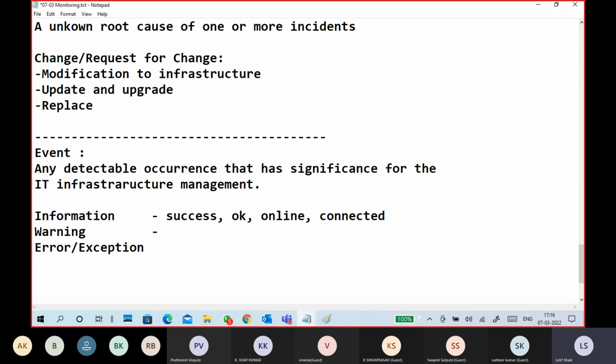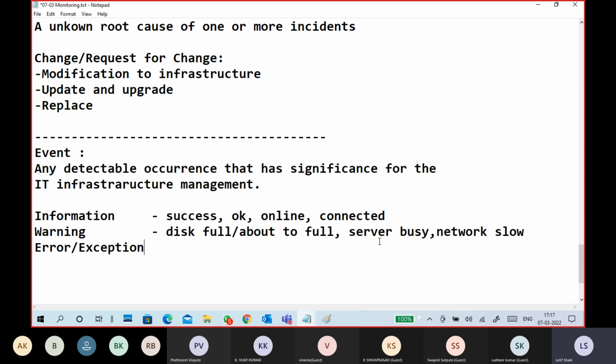Next, the warning type. Warning means, for example, disk full or about to be full. Okay, server busy. Server is online, now server is busy. Network slow, because of collisions, a number of collisions occur.